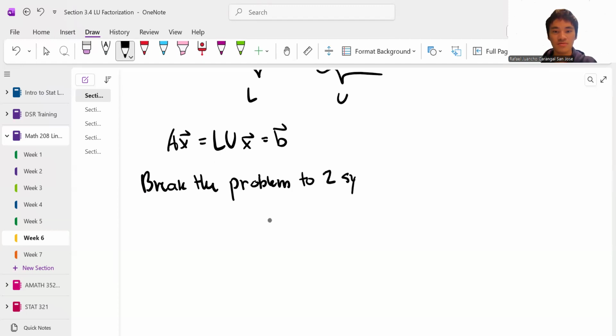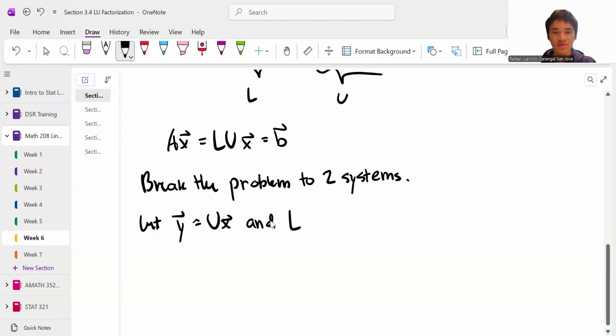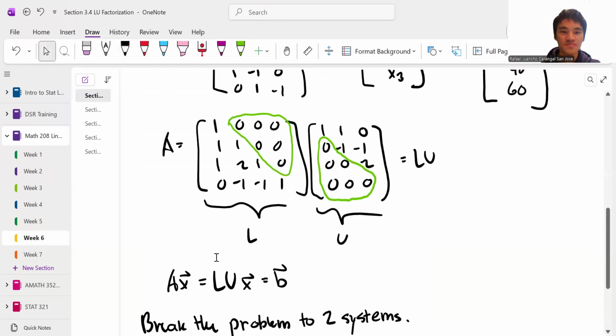We let the y vector be Ux. When we replace this Ux by y, we get Ly equals b. So we actually broke it down.